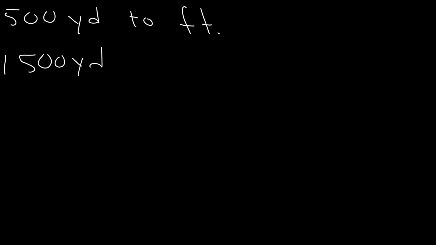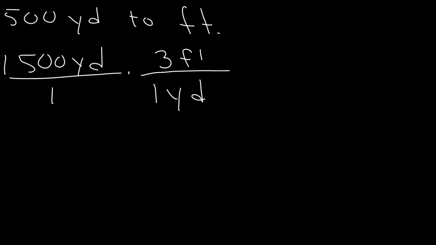Let's say we were going to do 1,500 yards to feet. So first of all, I would look at my chart and see if I know anything about yards and feet, and I do know that 3 feet is 1 yard, so I would write my original as a fraction. 3 feet is 1 yard, so I'm going to go over here, and yards must go at the bottom so that the word yard will cancel.